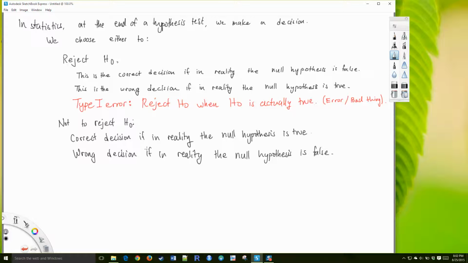Because if the null hypothesis is false, we should be rejecting the null hypothesis. And so this mistake is known as a type 2 error. It's also an error.